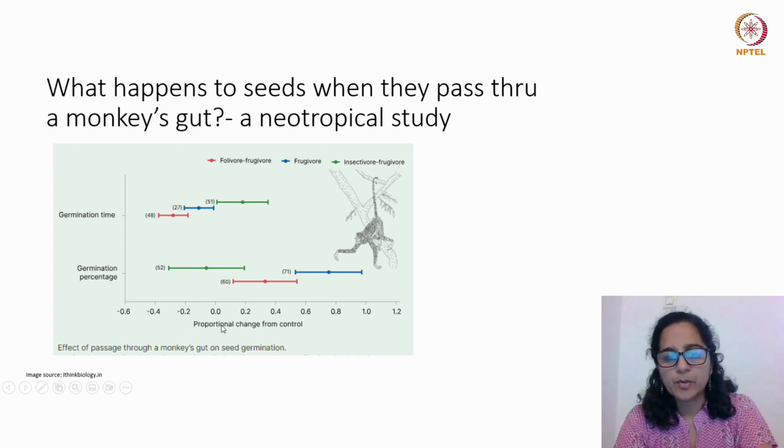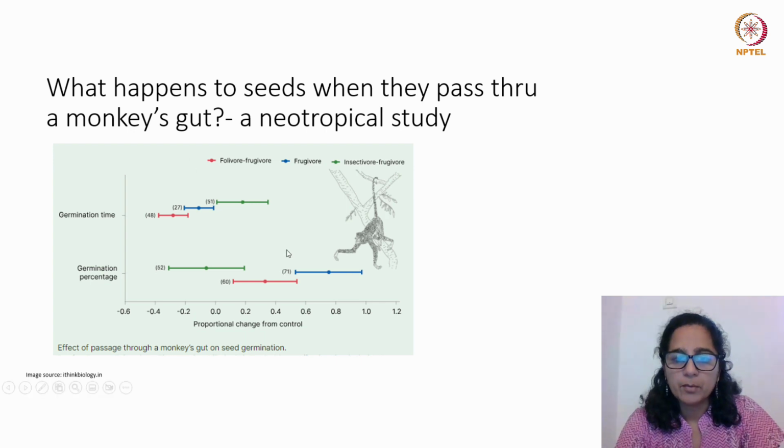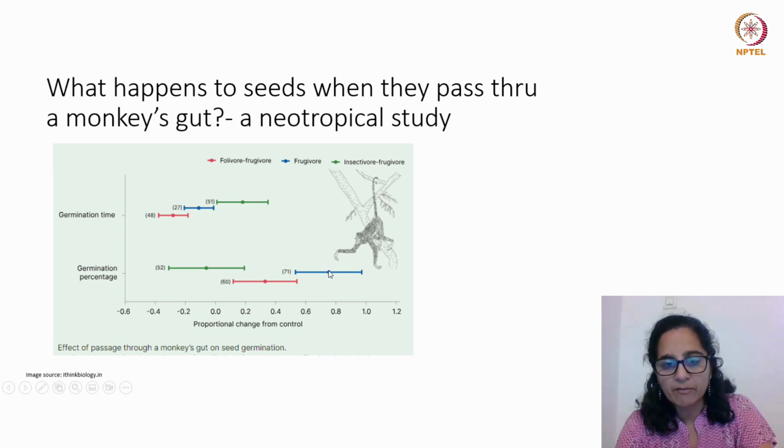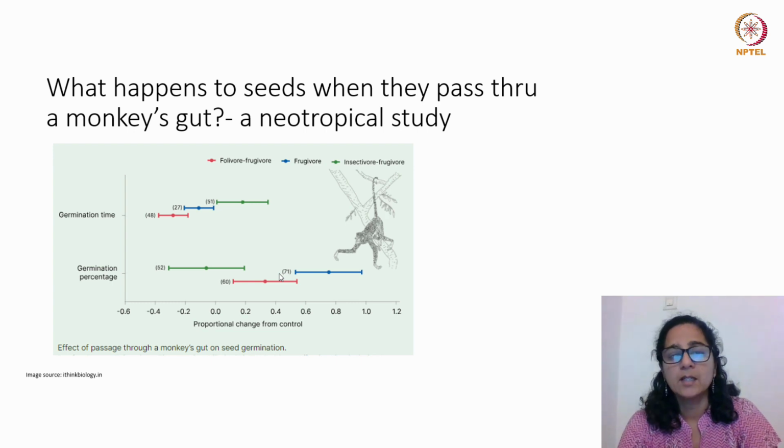Here on the x-axis, proportional change from control means the baseline is control. From that, what is the change relative to the control? If you look at the blue line here, this is the median or the mean value of proportional change, and whatever is in parentheses are the actual number of data points that these researchers have obtained.